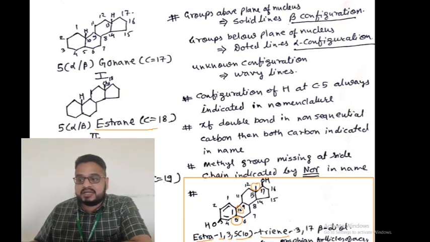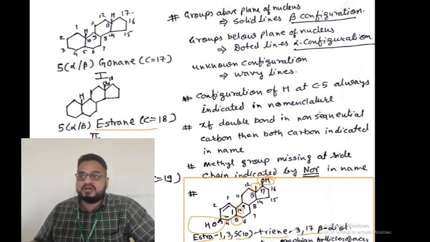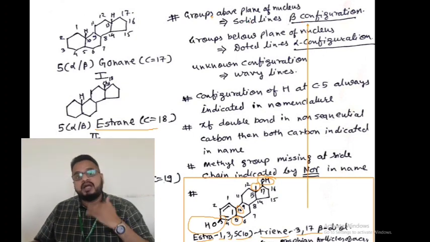Thereafter check the position 3 and the position 17, where we have the alcohol group. So that is 3,17 beta. What does that beta refer to? Now you know what the beta refers to. Check here, the solid line, beta, refers to the groups being above the plane. So both the OH groups are above the plane.